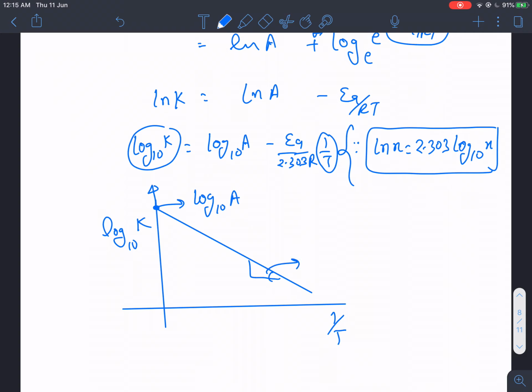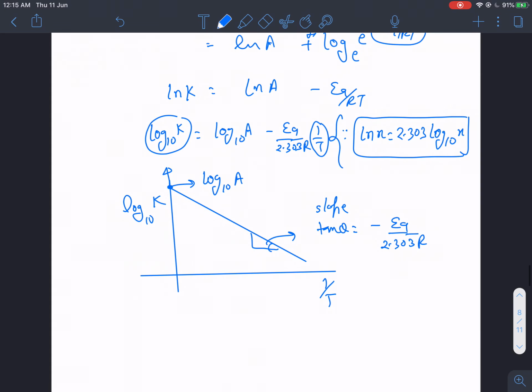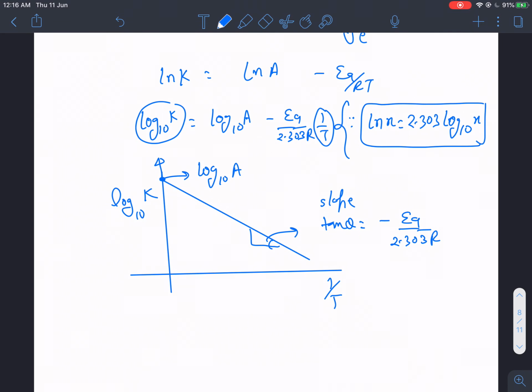This slope, tan theta, will be nothing but minus Ea by 2.303 R. Now if you know the slope, you can accordingly calculate the value of activation energy. Just make sure that in which unit they have given the value of R, in the same unit you are going to get the activation energy.